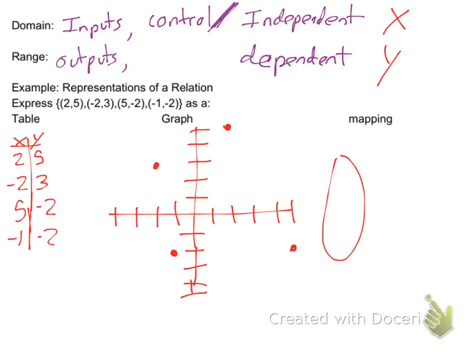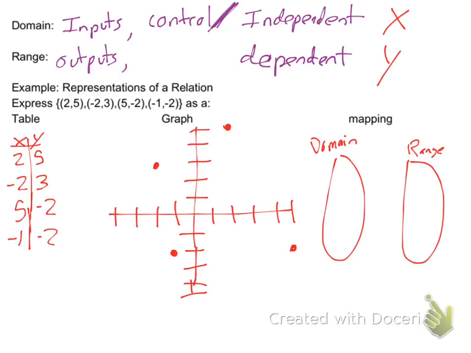And then the mapping, guys. Now we're going to have our domain, our range. And so the difference between the table and the mapping is I'm not going to repeat my numbers. So I go to my x values. Is there anything that doubles up?